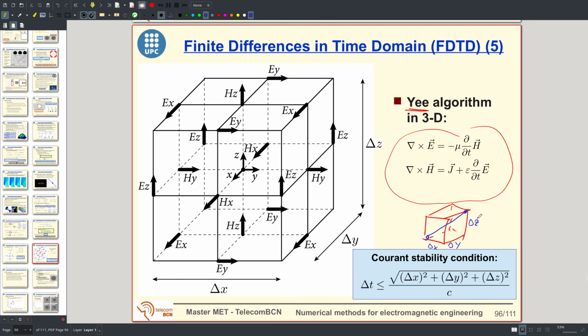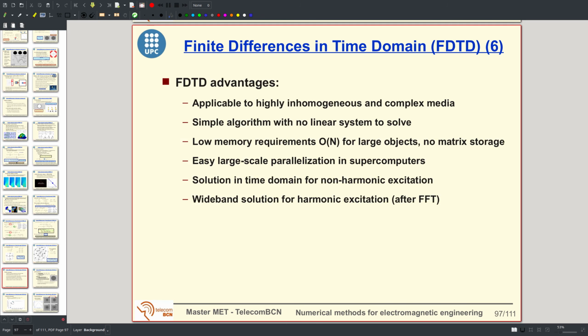Okay, the diagonal gives us the stability condition. The diagonal over the speed of propagation gives us the maximum time step.